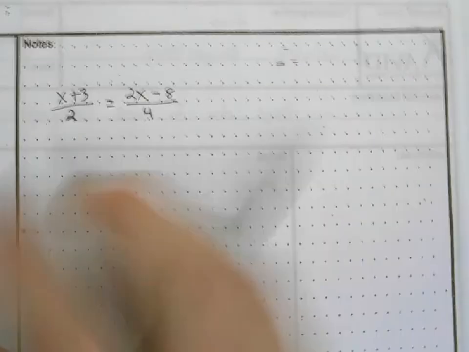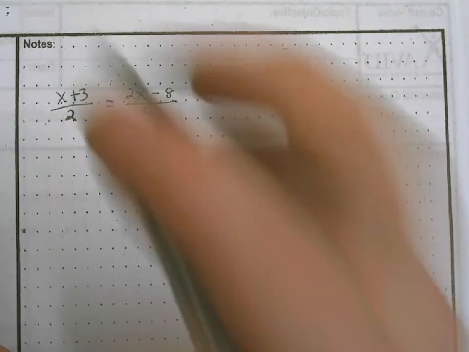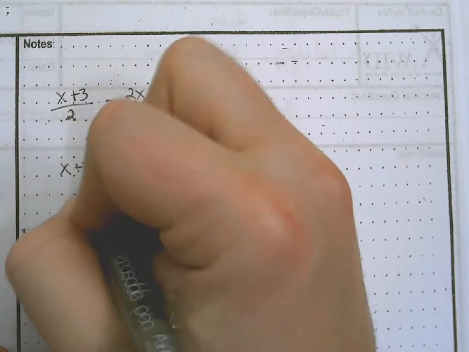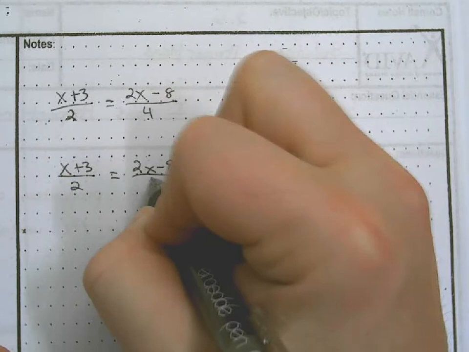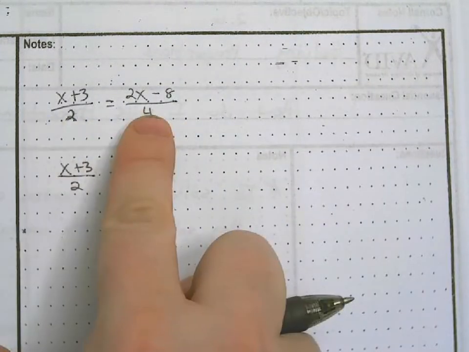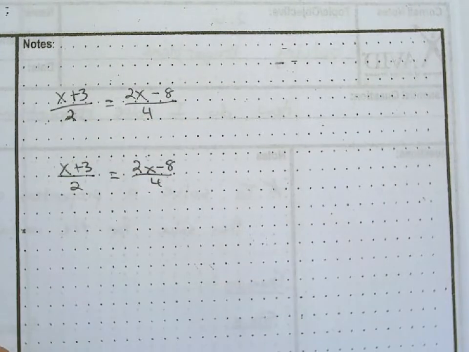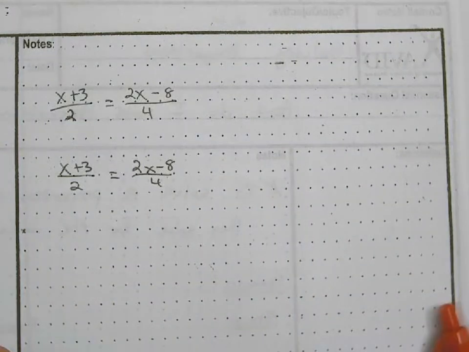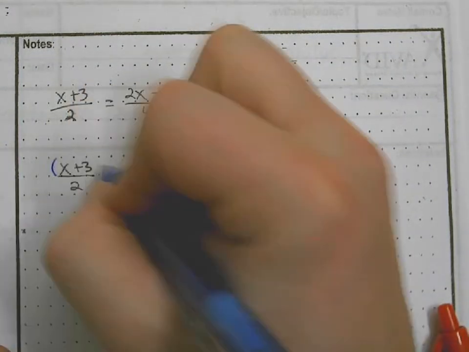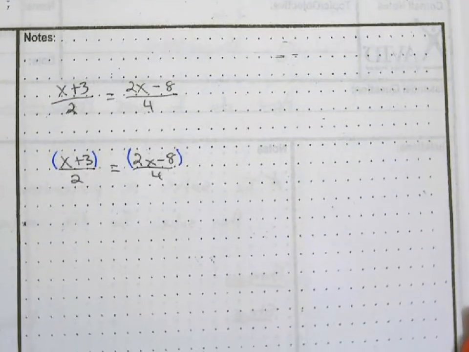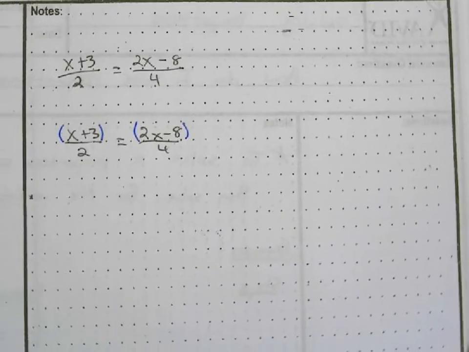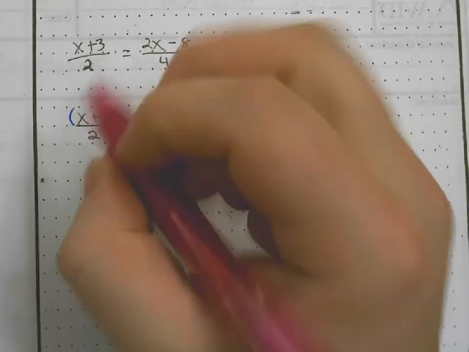Okay, so the first thing I want to do is add parentheses to my variable pieces. So I'm just going to copy the problem so we know what it looks like when it starts. This is exactly what it looks like when it starts, and now we can see our next maneuver. So my next maneuver is going to be to add parentheses around those expressions. Now I can cross multiply.